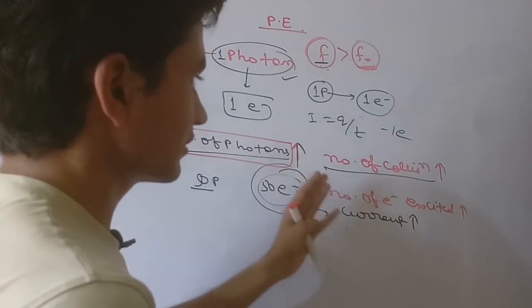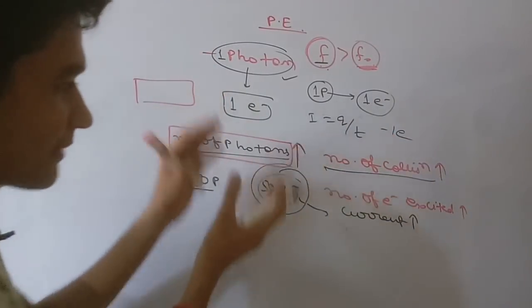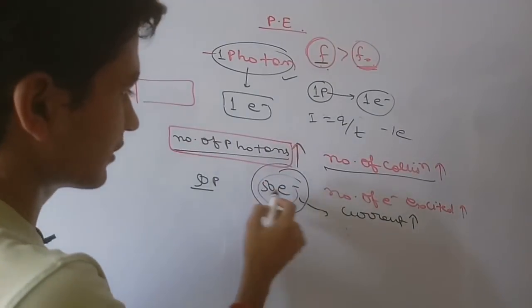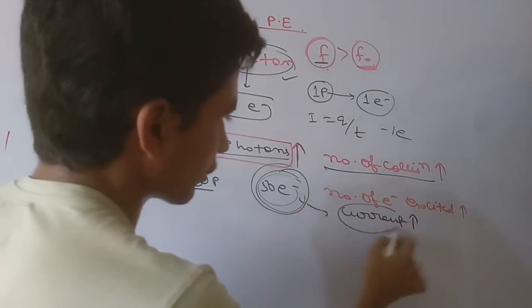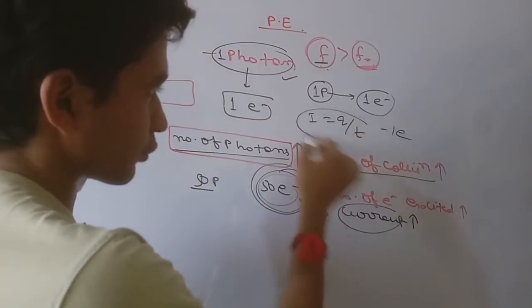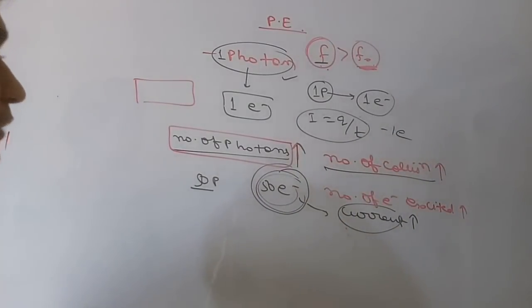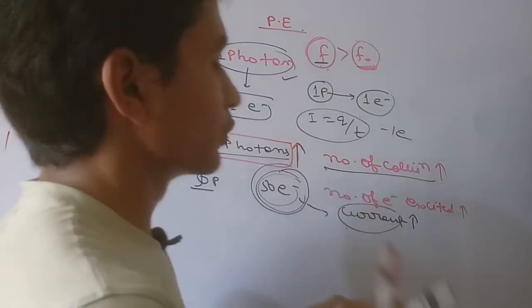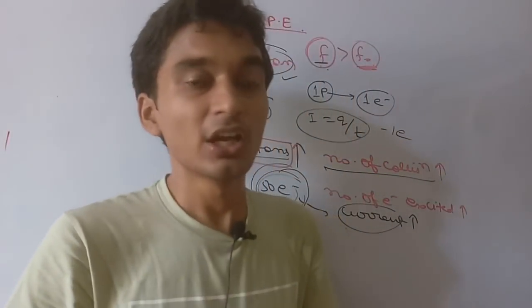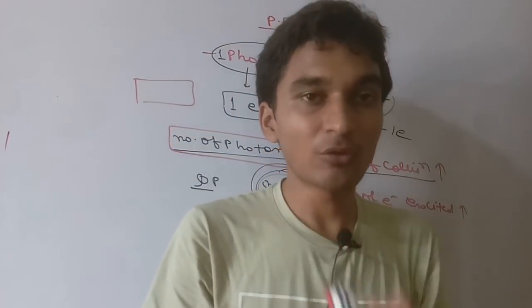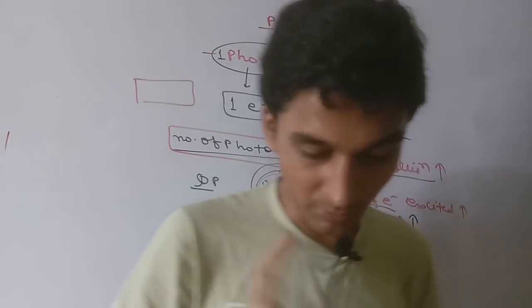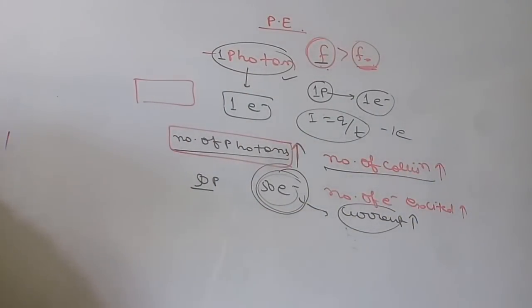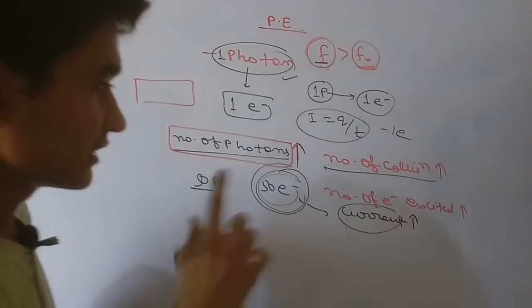So the amount of charge which is going to move is increasing, because 50 electrons are moving, so current will also increase. Okay, so you can correlate with this. It means if you are increasing the number of photons, then the amount of current is going to increase. This is the basic concept, and many students make mistakes in this.